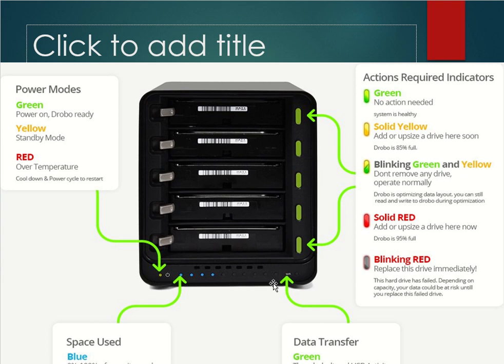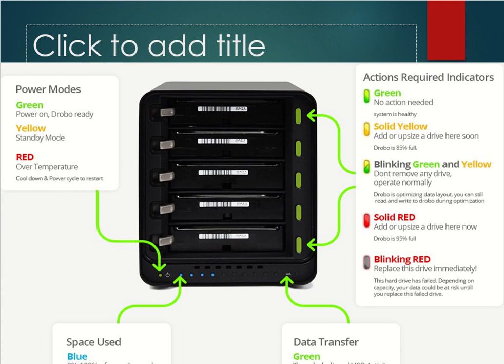The percentage or the scale to show the current usage. And also by using these indications, you can see the health of this particular hard disk.